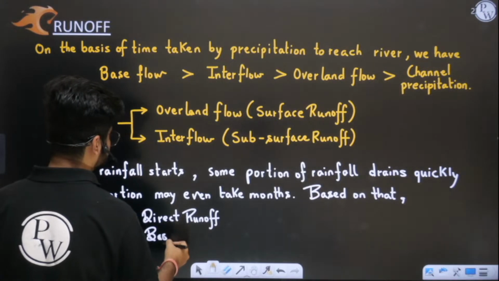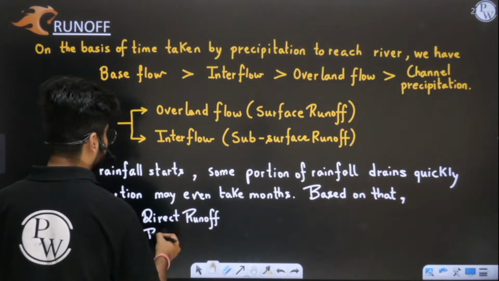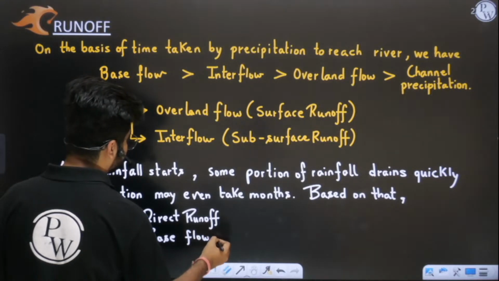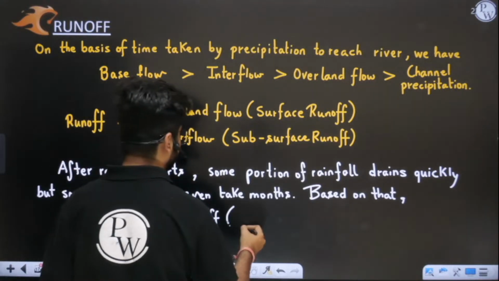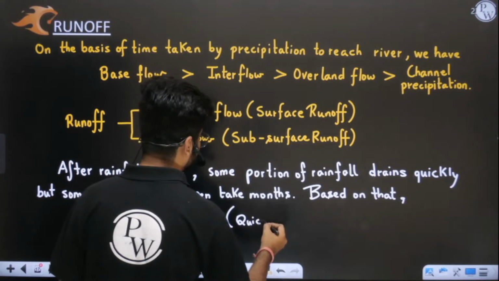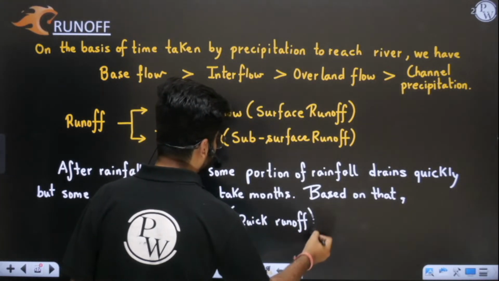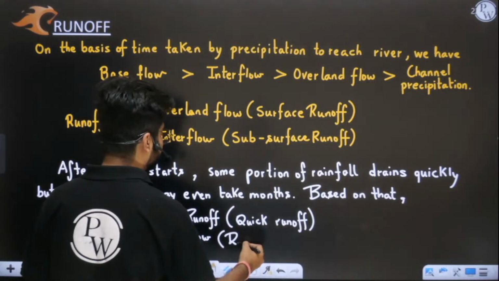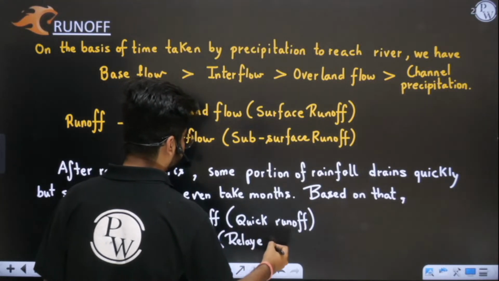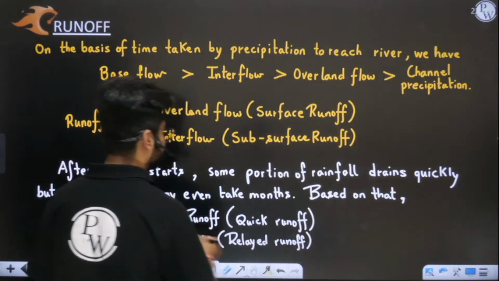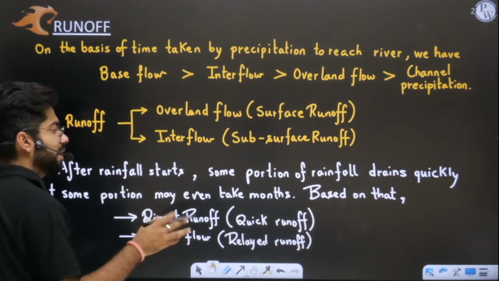Base flow is the water reaching your river when your rainfall has stopped a long time ago. So this shows you the quicker response just immediately after rainfall, and this shows you the delayed response. This will take place even months after rainfall has taken place.